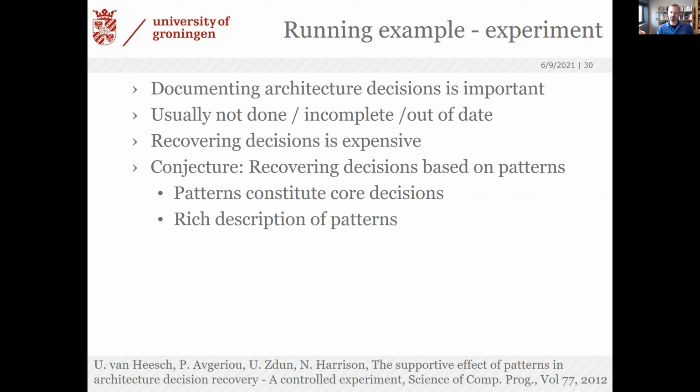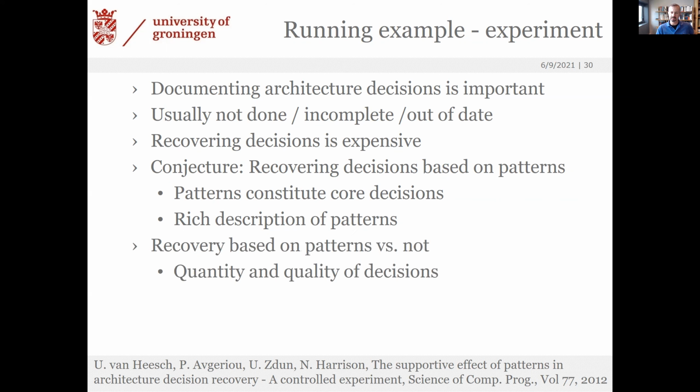So we said, okay, if we actually recover architecture decisions based on patterns, does it help? Particularly, does it help us recover more decisions and higher quality decisions? So we're interested in both the quantity and the quality of decisions that can be recovered with the help of patterns.